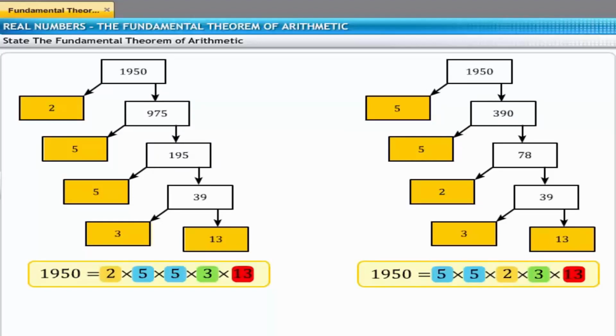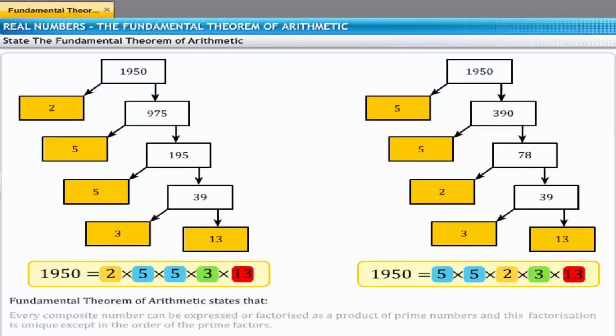Note that the set of prime factors for 1950 still remains the same. Only the order of the prime factors has changed. This brings us to the complete statement of the fundamental theorem of arithmetic that states that every composite number can be expressed or factorized as a product of prime numbers, and this factorization is unique except in the order of prime factors.